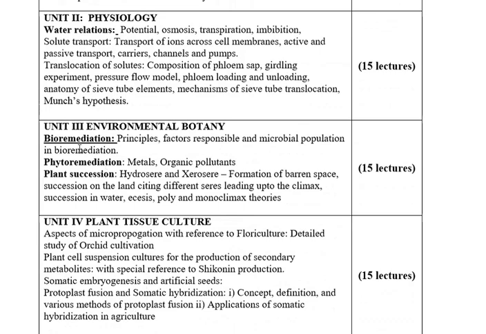First one is bioremediation. In bioremediation, first we have to see the principles, then factors responsible, and microbial populations in bioremediation. The second point is phytoremediation. In that you have to study the metal and organic pollutants.